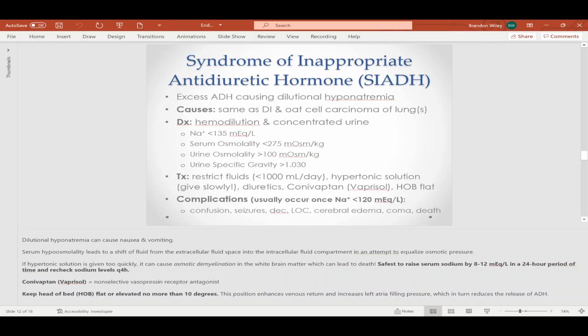Can you raise your sodium very high, very fast? No. Because of these hormones, because you have this decreased sodium, you get cerebral edema, coma, death.